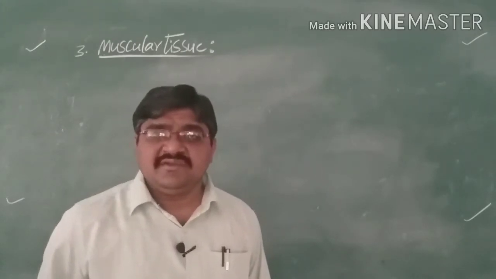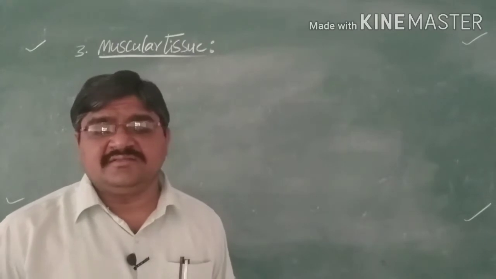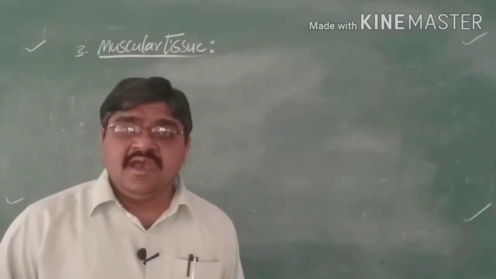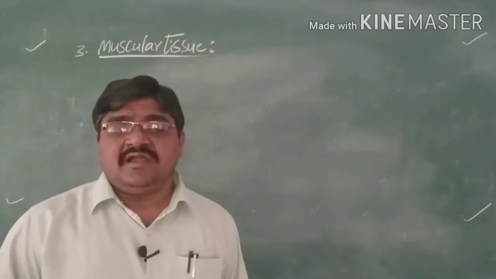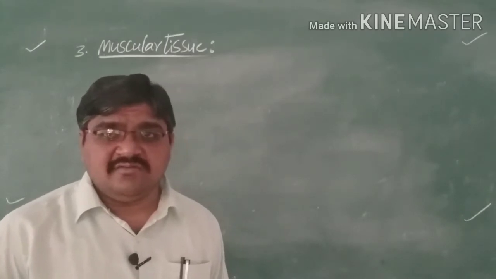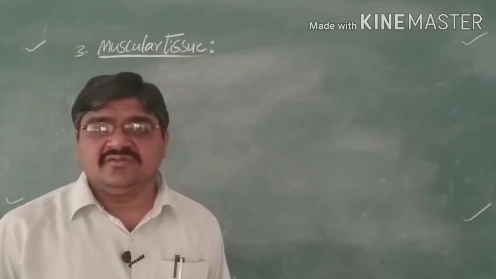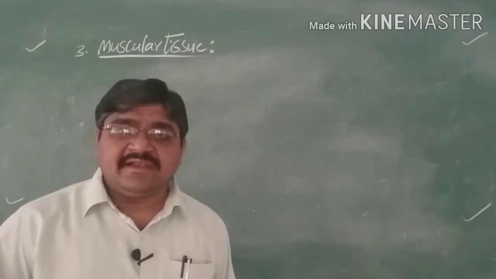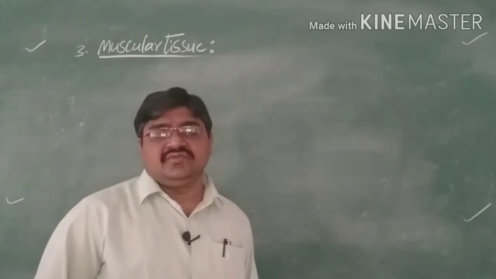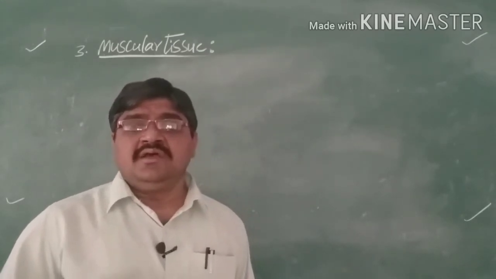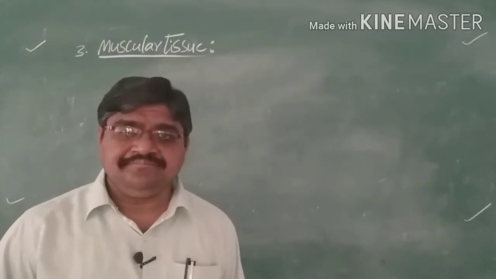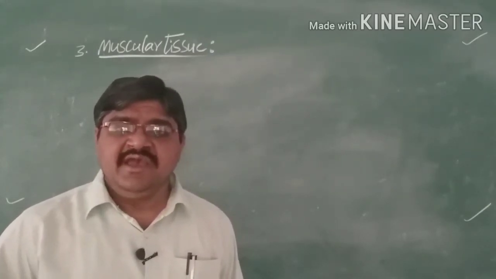The formed elements are differentiated into three types of cells: erythrocytes, or red blood corpuscles (RBC); leukocytes, or white blood corpuscles; and blood platelets. These are the three types of blood cells present in our body, as discussed in the last class.